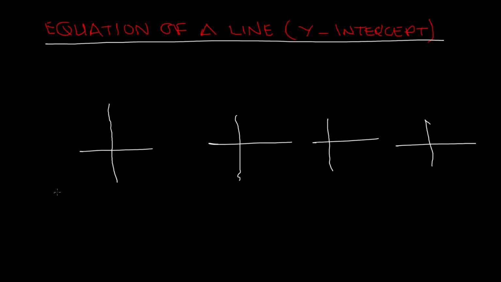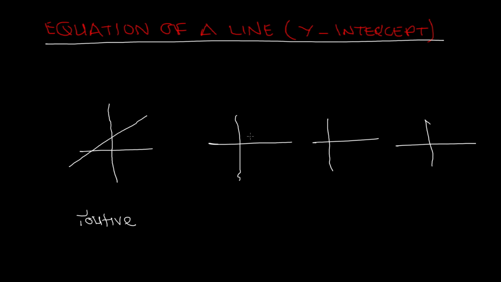So another variation of this equation then is to understand the application of gradient. So when the line is moving in that direction, we say that it has a gradient which is positive. Okay, so the gradient for this line is going to be positive.